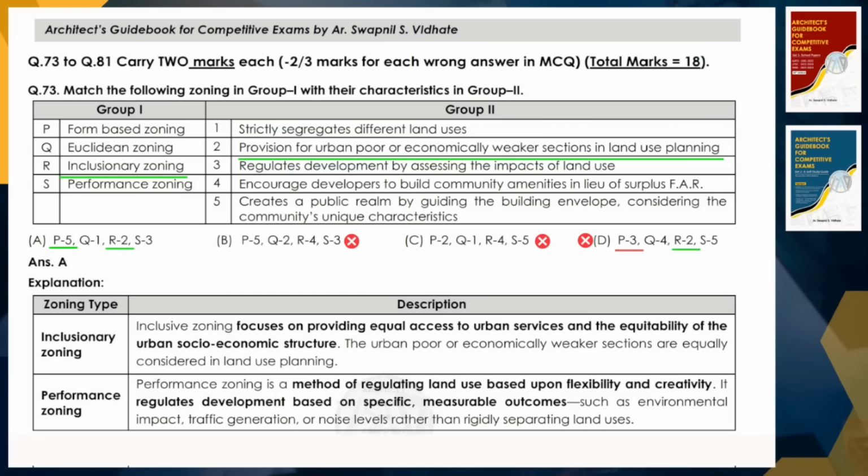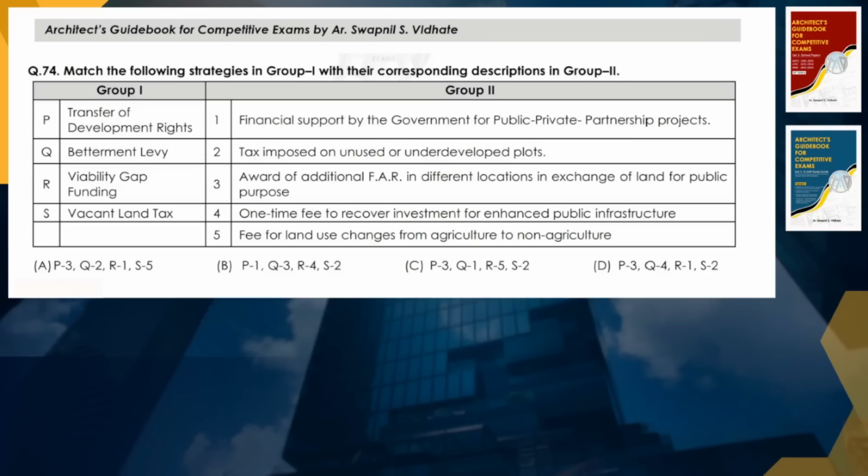Question 74, match the following strategies in group 1 with their corresponding descriptions in group 2. Group 1 has transfer of development rights at serial number P, betterment levy at serial number Q, R says viability gap funding, S is vacant land tax.